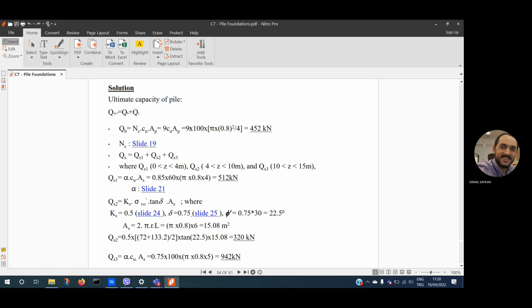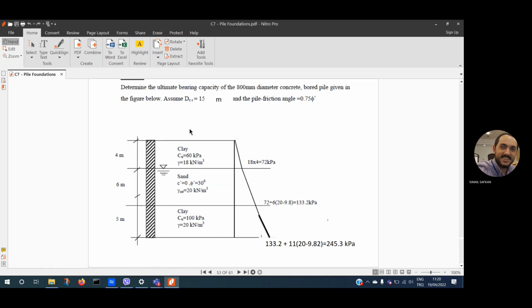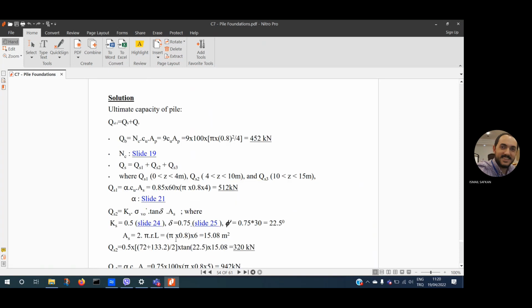So 9 is the Nc, and Cu is the undrained shear resistance parameter. It's given as 100 kPa. And the base area, the circular area. I know the diameter, pi d squared over 4. This is my base reaction.